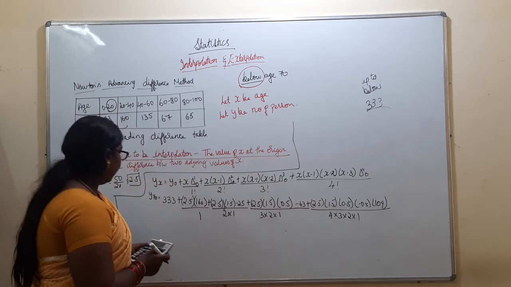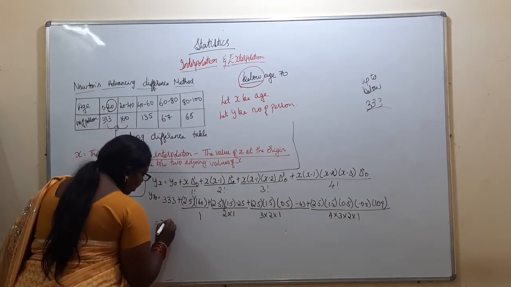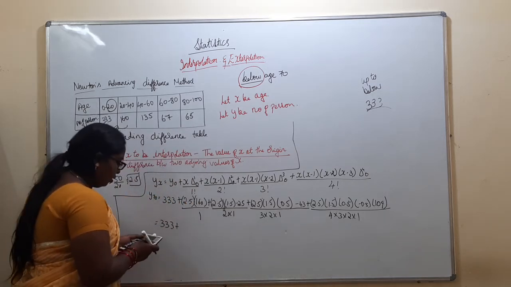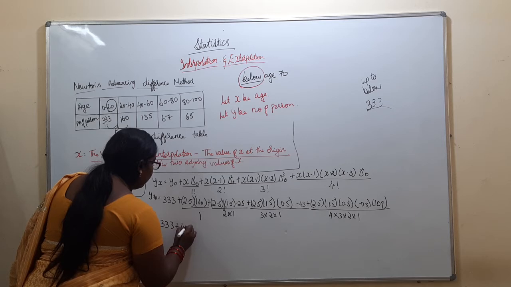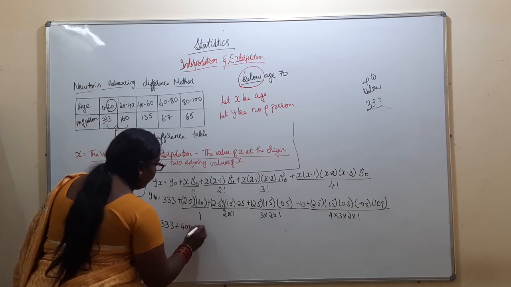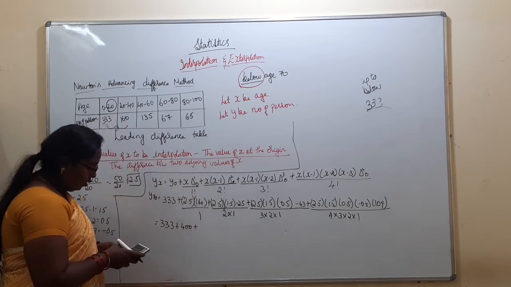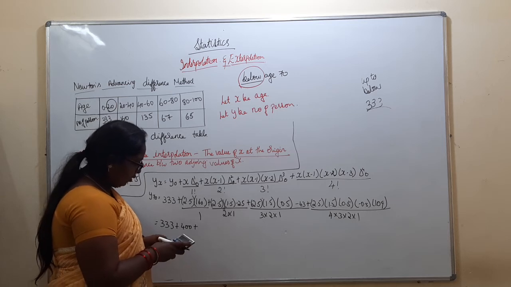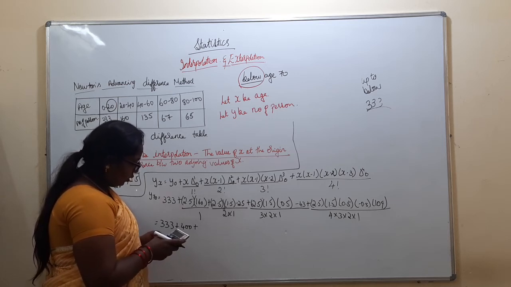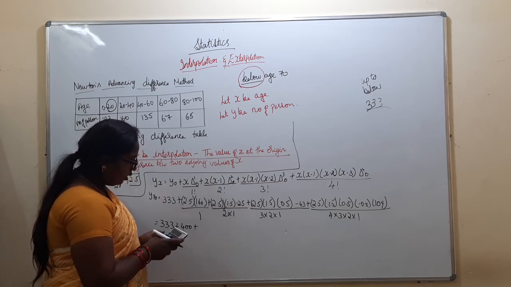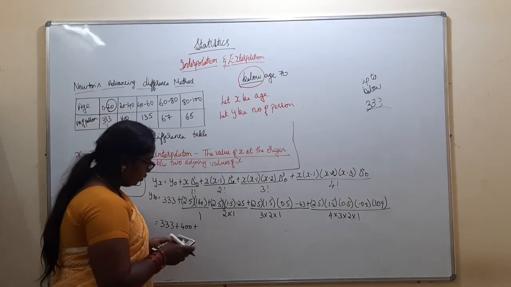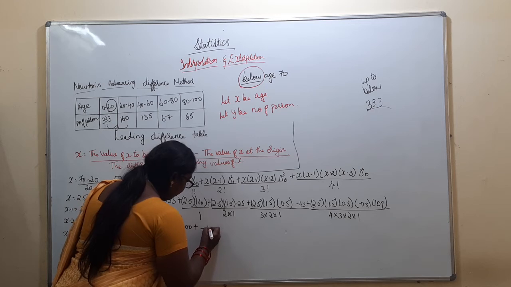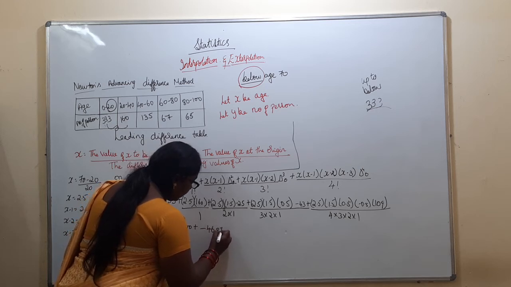So I will get here 333, directly I am doing here 2.5 into 160 plus 400 divided by 1 factorial, plus 2.5 into 1.5 into 25, 93.75 I will get, divided by 2. I will get there minus 46.875.